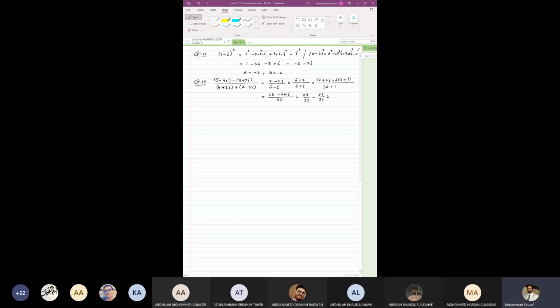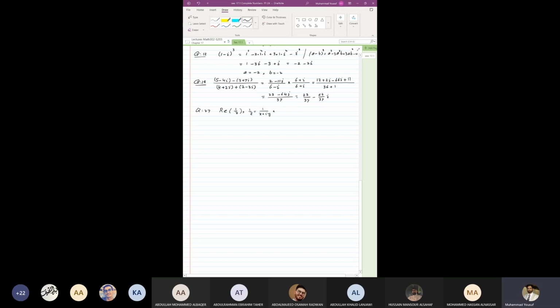For example, in question number 27 they are asking what is the real part of 1 over z. It is not 1 over y. First we will see what is 1 over z, that is, 1 over x plus iy.